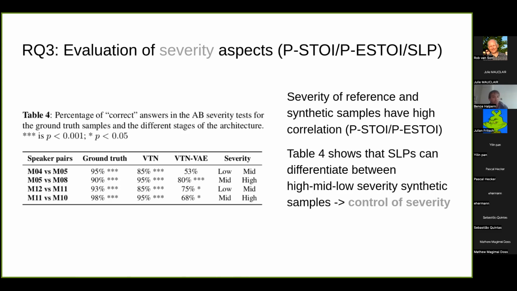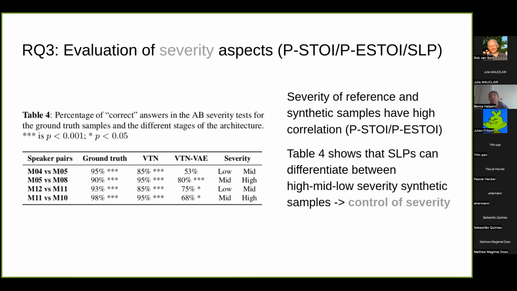From the subjective perspective, we have decided to design an A/B test with three speech language pathologists who needed to differentiate which pathological speaker sounds more severe by comparing pairs of ground truth and pairs of synthesized samples.